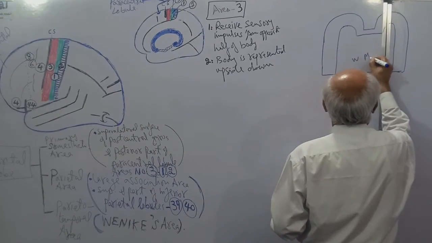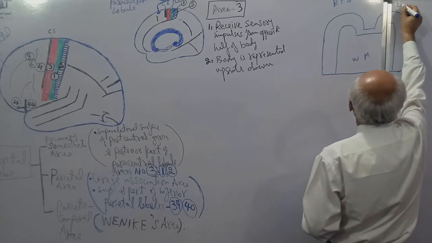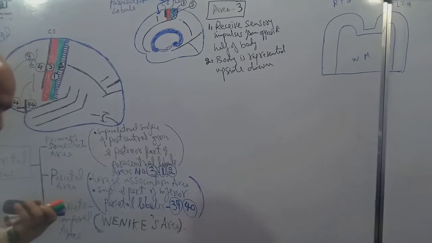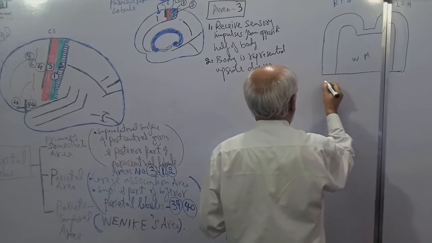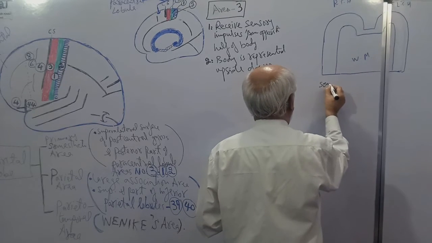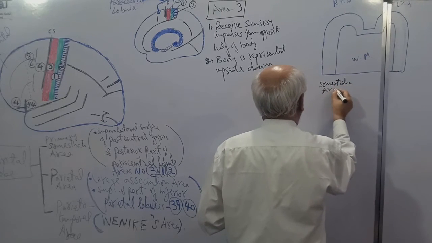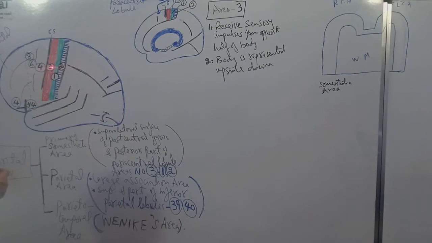And this section is at the level of the somatosensory area, area number 3, 1, 2.